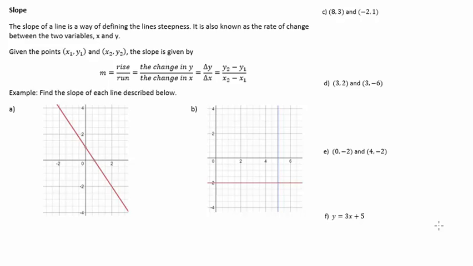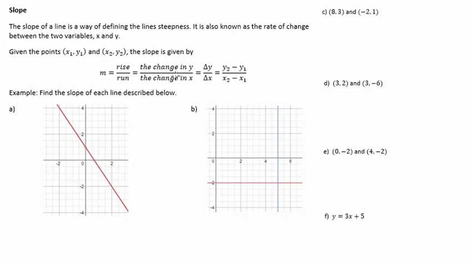It's how much do I rise between the 2 points over how much I run between the 2 points. The other way of saying that is that it's the change in y over the change in x. So all of these things are equivalent. These are different ways of thinking of it that all mean the same thing.